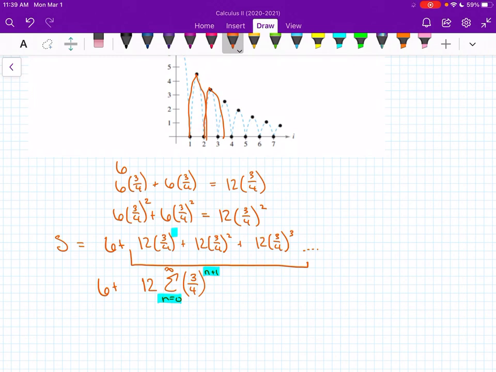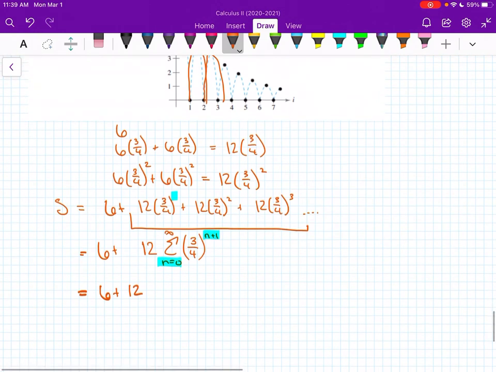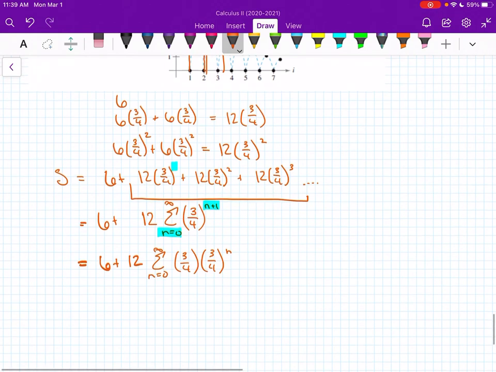So making sure you're paying special attention to all of those indices. And so if I want to then make it so that I can use my formula, I can pull out my a value of 1. N equals 0 to infinity. So now I can write this as 3/4 times 3/4 to the n. Okay, so all I did was peel off that 1 on the inside there.